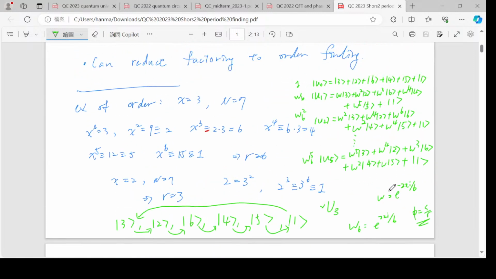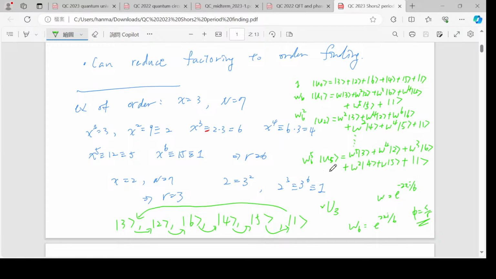And their corresponding eigenvalue will be omega_6 to the power s, where omega_6 is the 6th root of 1, and s is the label. So s is 0, 1, 2, 3, 4, 5.